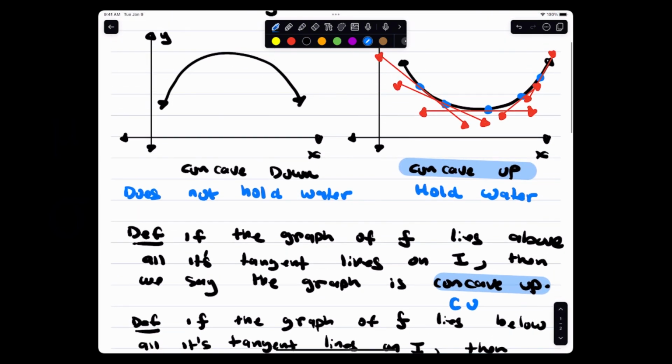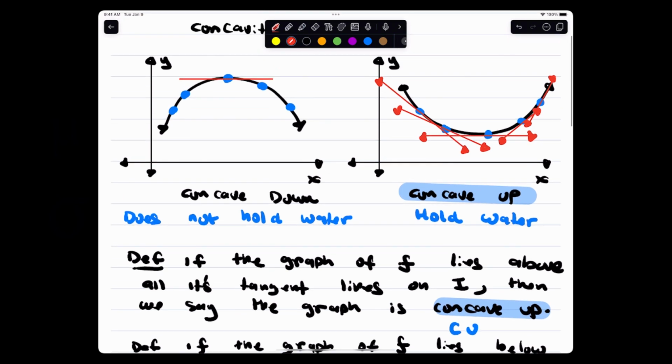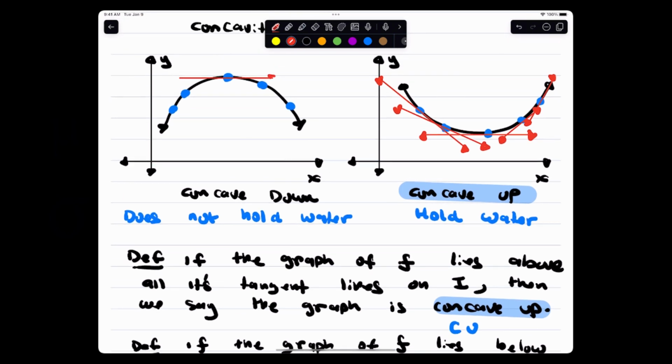And here's kind of what that means, and here's what that looks like again, right? You got all these points on this curve. And then, for example, here you got that horizontal tangent line. Okay? And over here, another tangent line. Another tangent line.